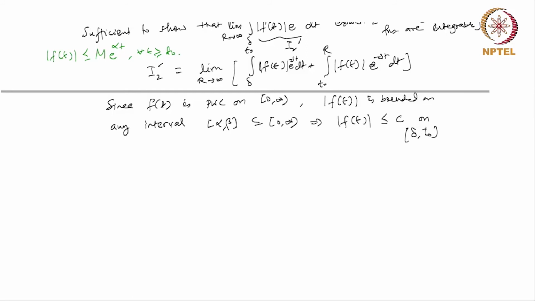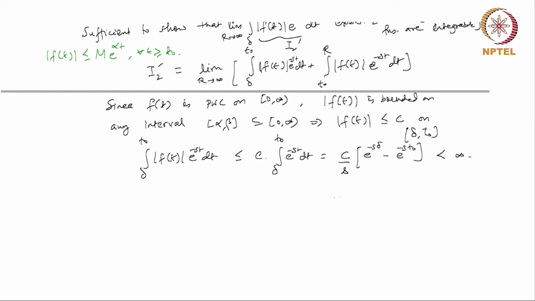t naught. Then the integral from delta to t naught of modulus of f(t) e to the power minus st dt is less than or equal to c times the integral from delta to t naught of e to the power minus st dt, which is nothing but c by s times (e to the power minus s delta minus e to the power minus s t naught), and this is finite, of course.